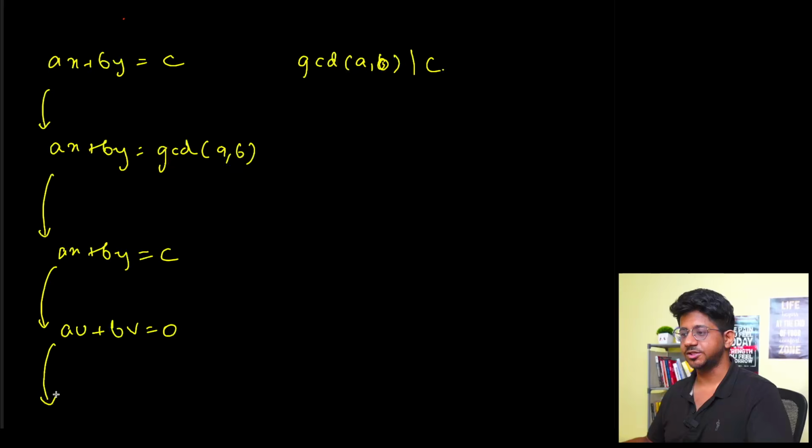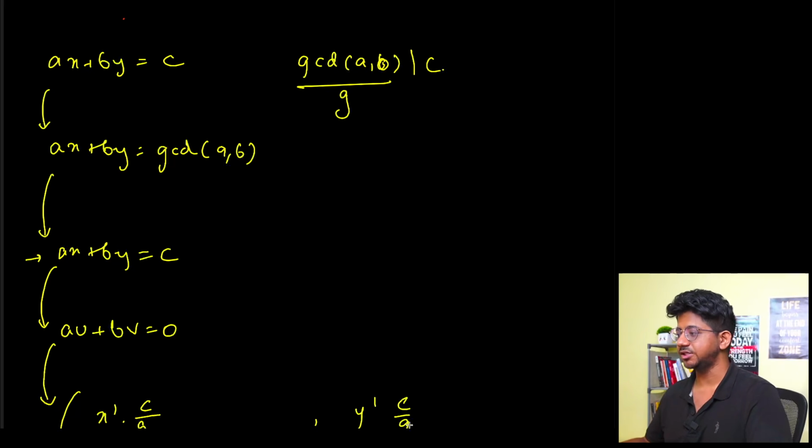And then we can form a general equation for this, right? I'm assuming that you know how to solve this, and you will get a general format solution for it. Let's say you got a solution x' and y'. G is the GCD of a and b. So x' times c/g will be the one unique solution, and y' times c/g.